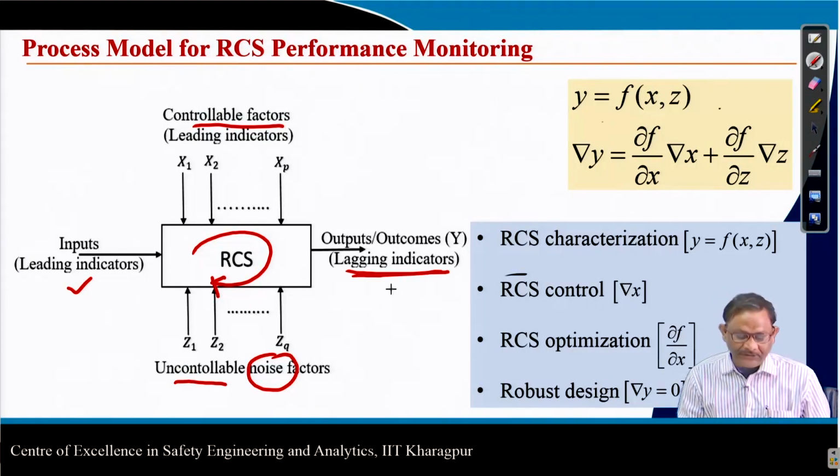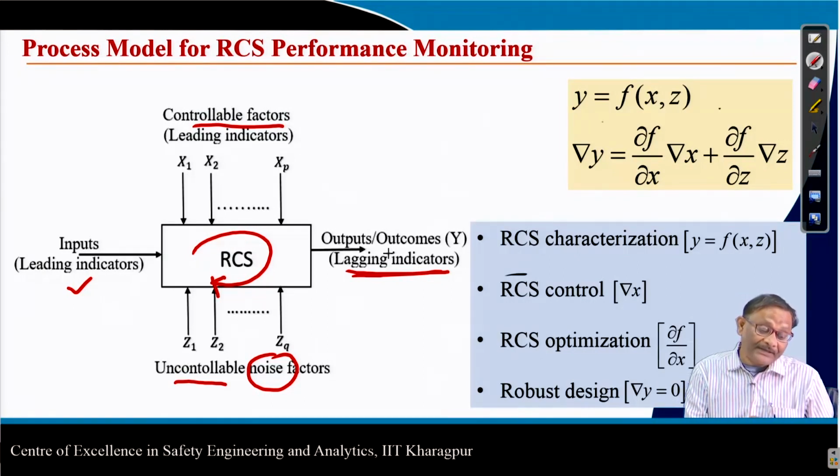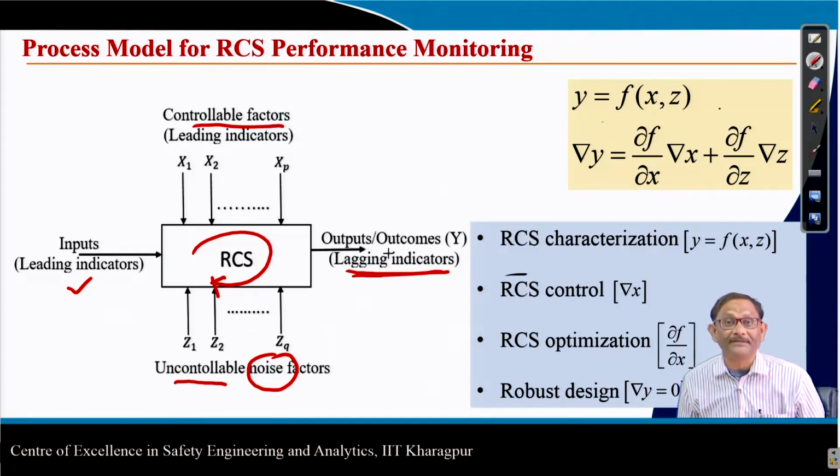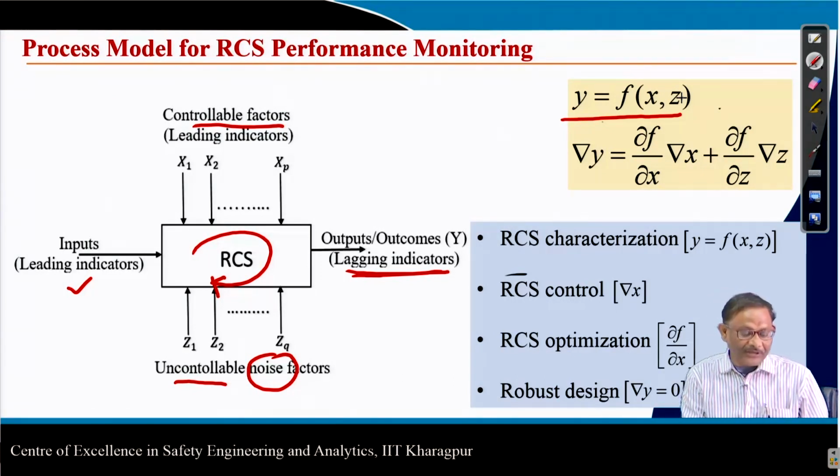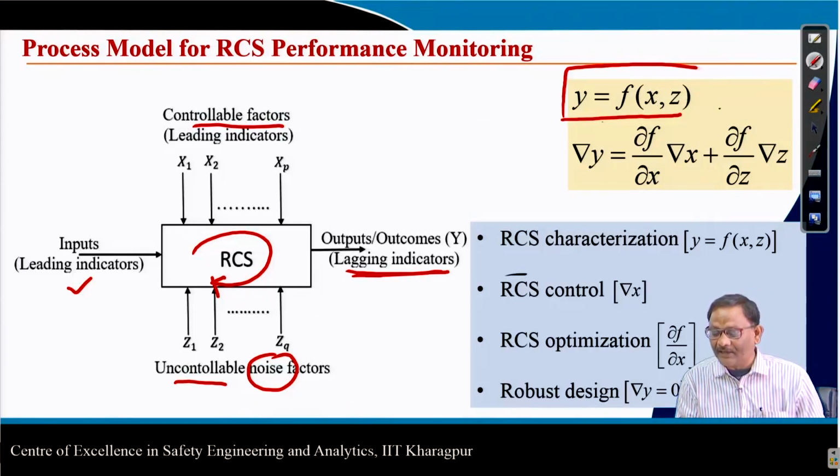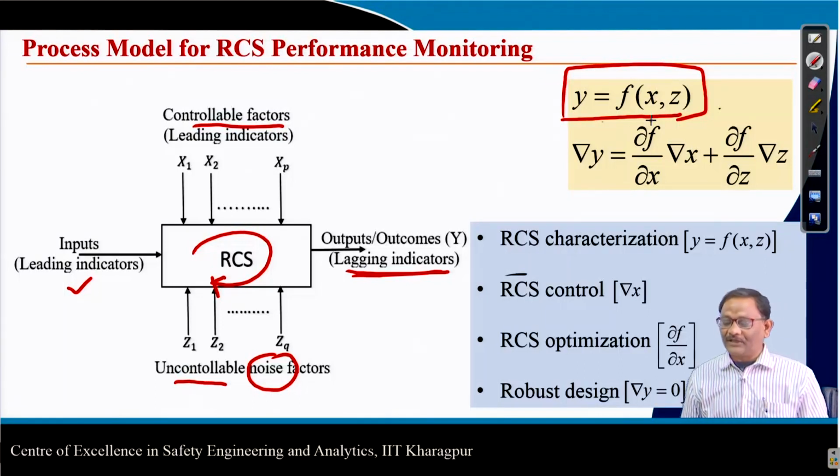So now, what I mean to say is that lagging indicator values can be predicted with the help of leading indicators. If I say y is my lagging indicator and x is the leading indicators, so all input and controllable factors are x, then you can have a function like this, y equals f(x) plus f(x, z).